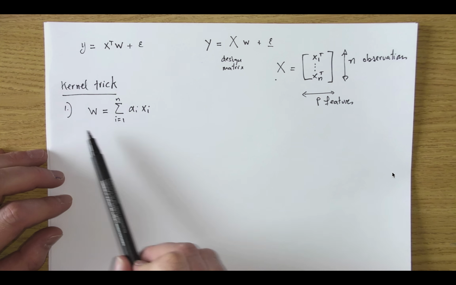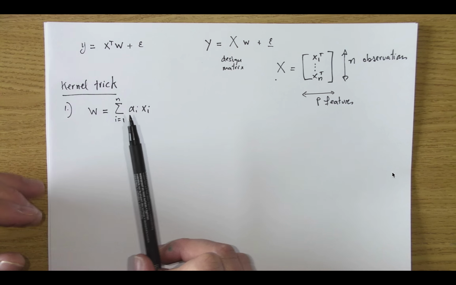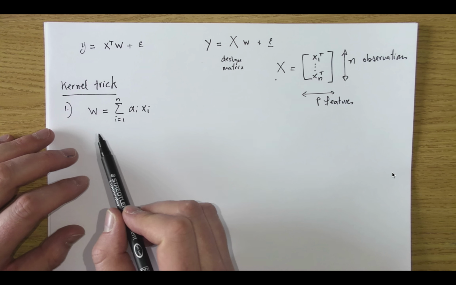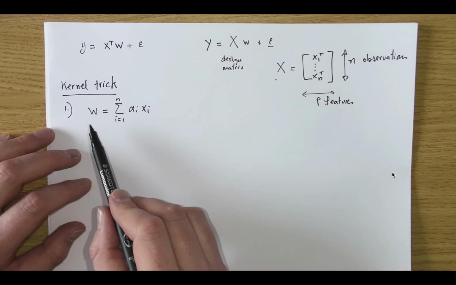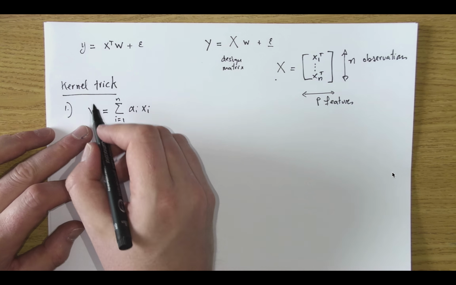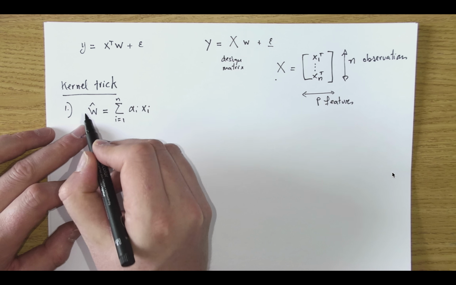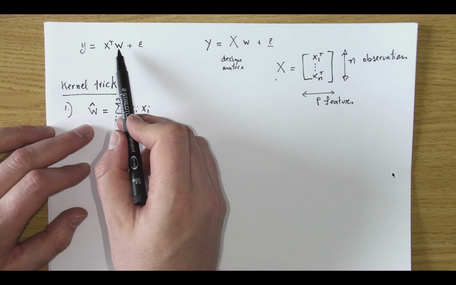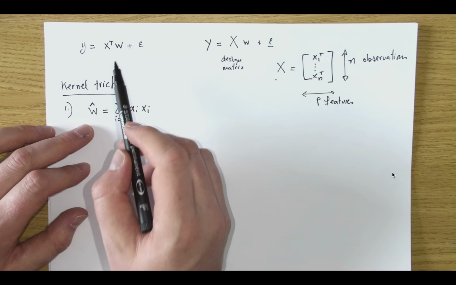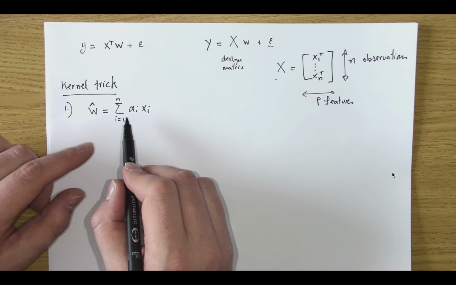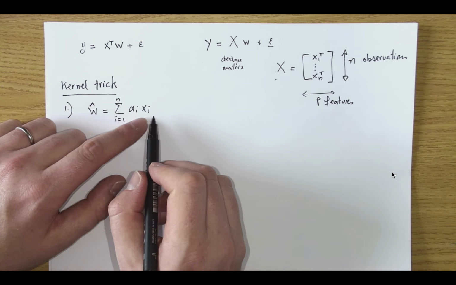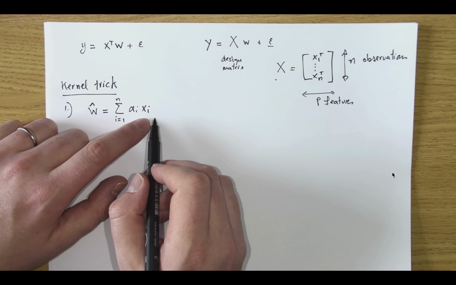What we say is that for most problems, there is some consideration about the loss functions you're using, which is detailed in the handout. But for most loss functions, the optimal solution for your weights turns out to be a linear combination itself of the observations you have.